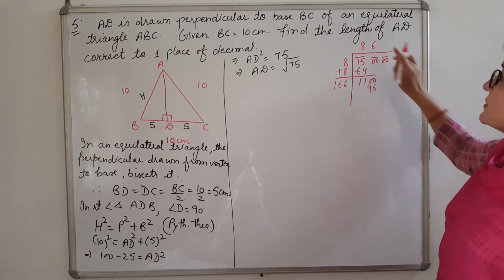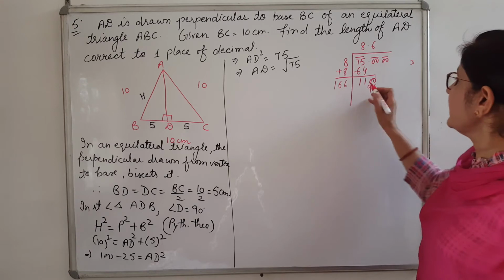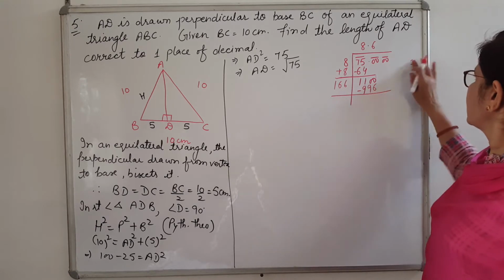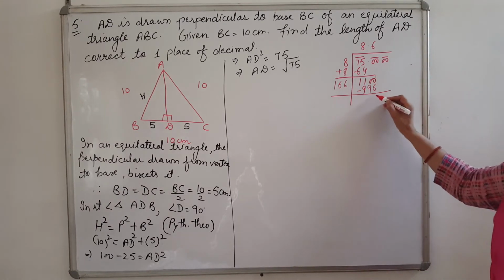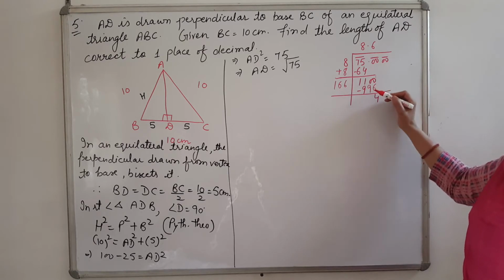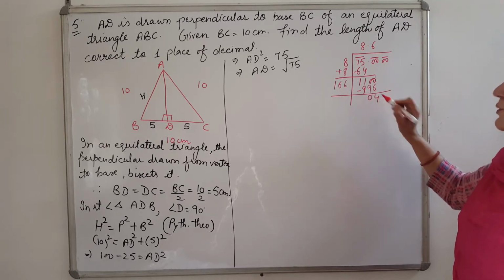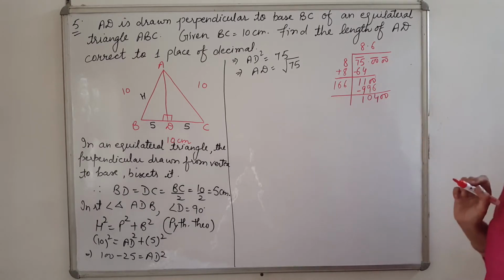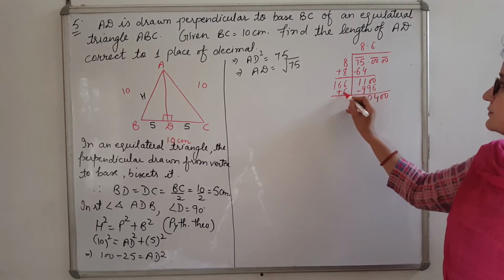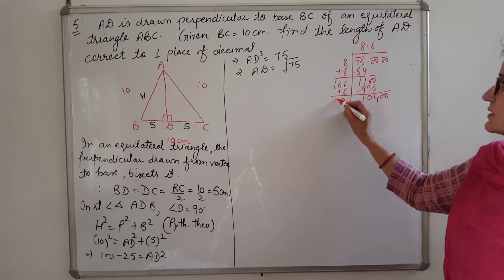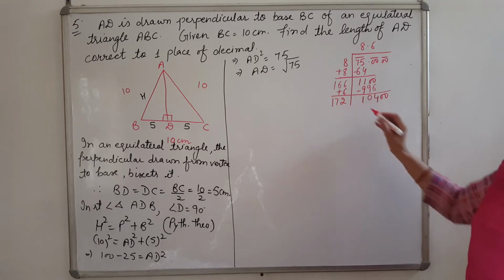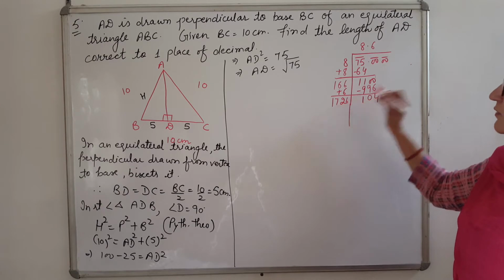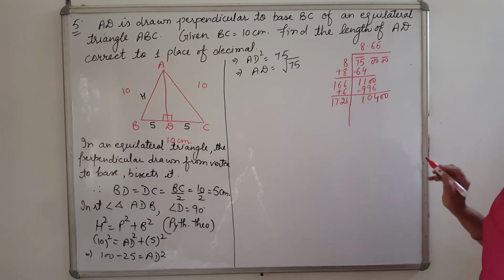Again 3. 6 ones are 6 plus 3, 9. 10 minus 6, 4. 9 minus 9, 0. 10 minus 9, 1. We'll take one more. Okay. Now add 6 here. 2, 7, 1. Now which number will it go? It will again go by 6.